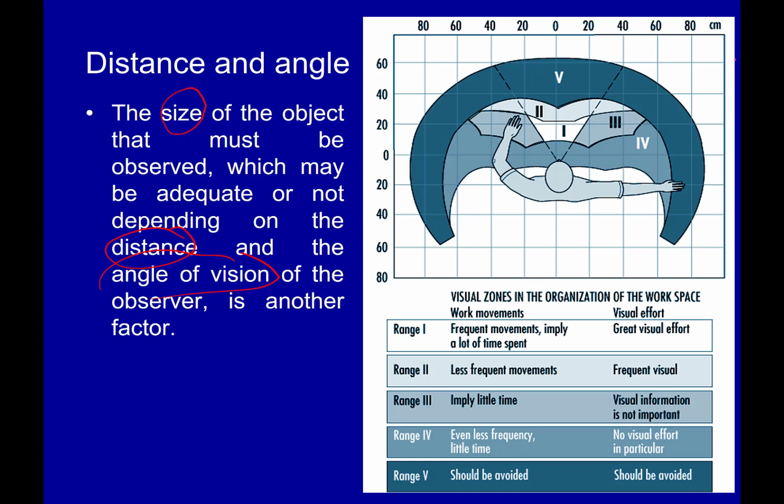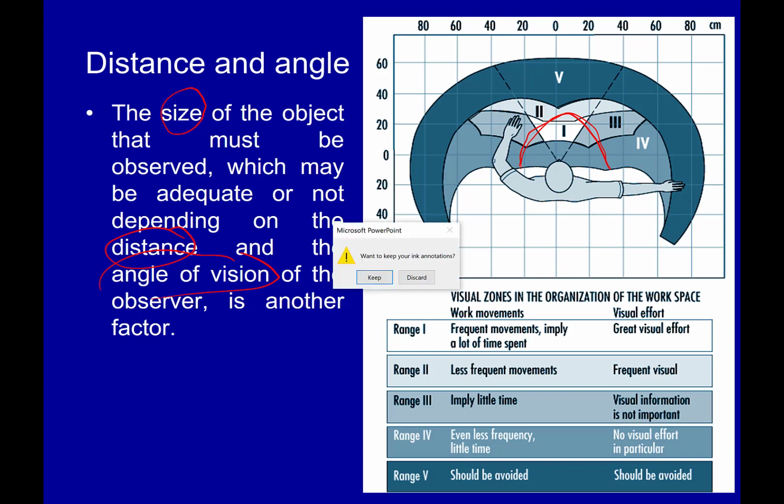What we have seen is that there is a normal working area or maximum working area depending upon the distance from the arm, the distance that can be covered using the arm with or without fully stretching. Here the most common area was somewhere here from both sides. But this is a different thing.